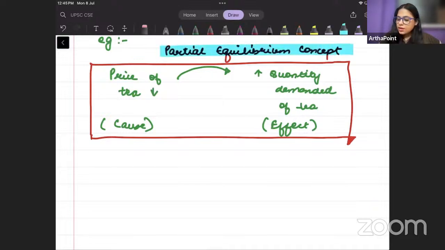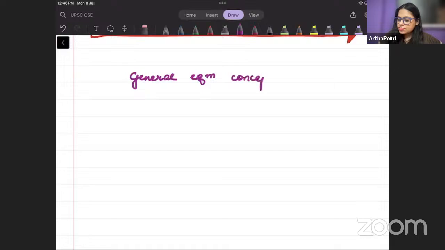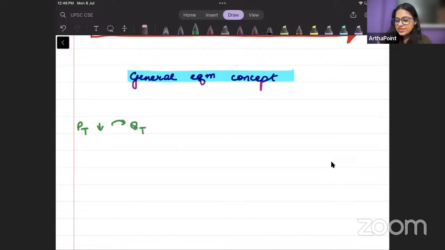Now, let's talk about the general equilibrium concept. So suppose now I start analyzing one step further. So I start understanding, okay, what will happen further in other markets? So you tell me that, look, ma'am, price of tea has decreased. Demand of tea has increased, right?